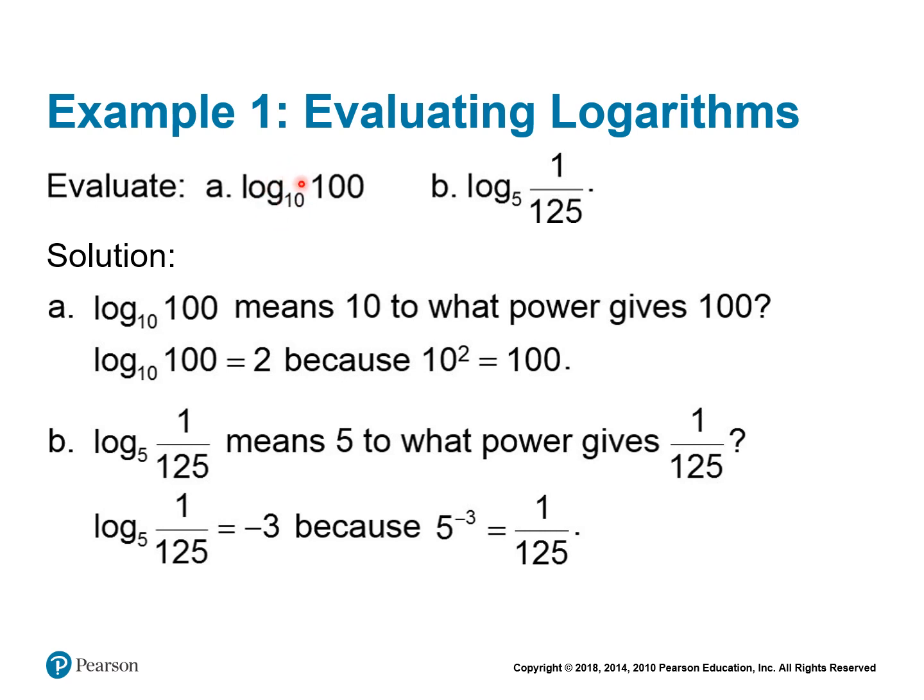One says log base 10 of 100 and the other one says log base 5 of 1 divided by 125. So the best thing to do here is first convert this logarithmic form to the exponential form. It'll be easier for us to understand what we are looking for.